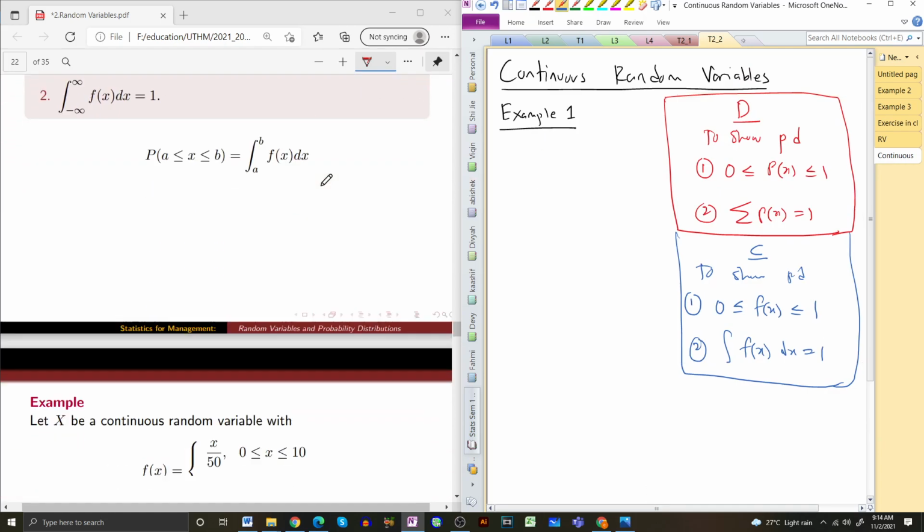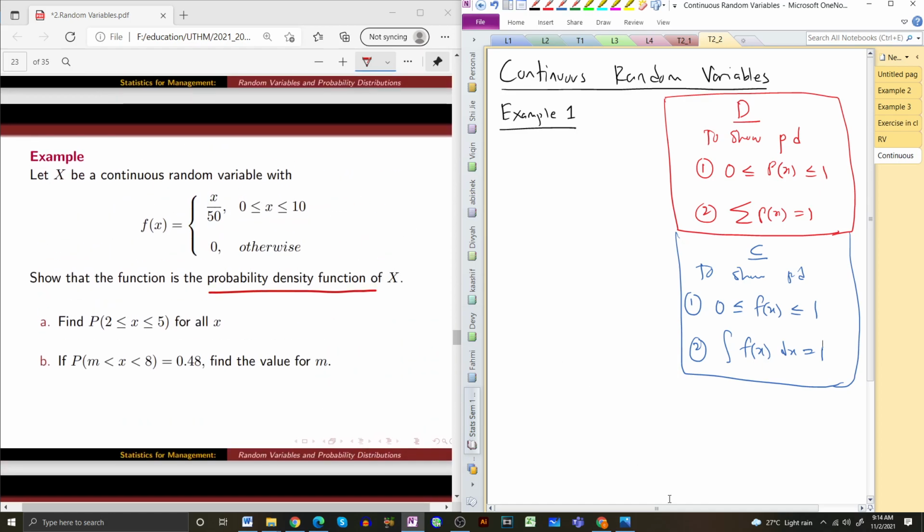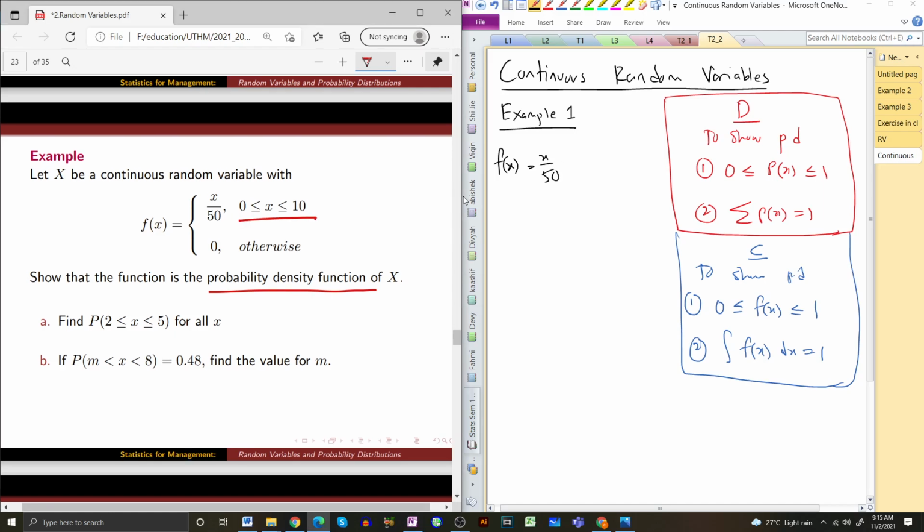Now looking at example 1 here, my f(x) is given. But you notice that in discrete they will give you x equal to 1, 2, 3, 4, 5, individual numbers, but in continuous they will give you in terms of interval.